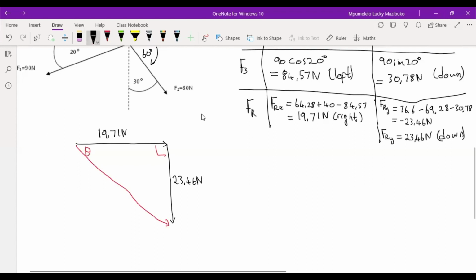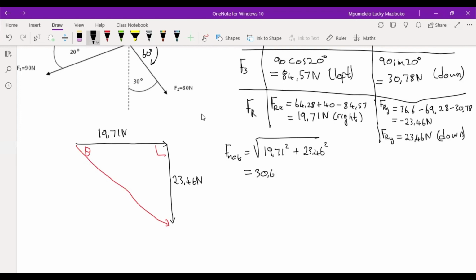I always like starting with the horizontal vector first. It makes my life easy. F net is therefore the square root of 19.71 squared plus 23.46 squared, and you get your answer as 30.64.